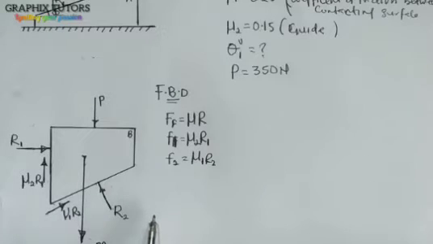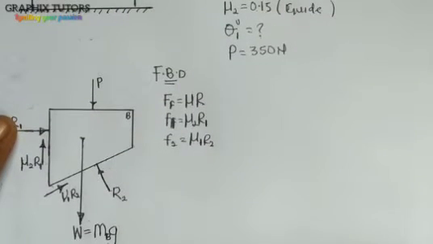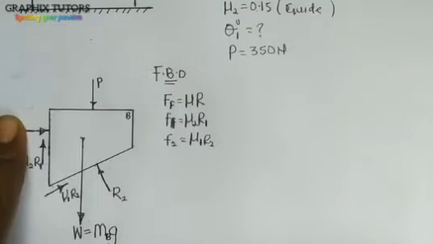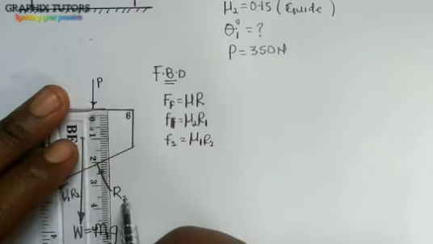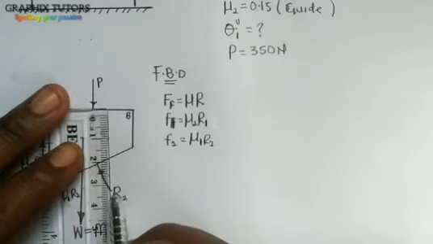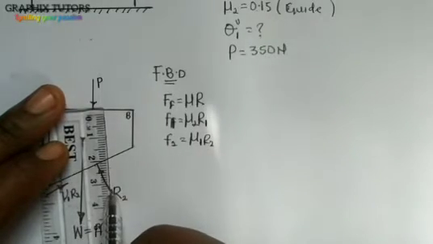In resolving, what you have to do is something we call resolution of forces, and that is the resolving of inclined force into vertical and horizontal components. So at this point where they meet, I'm going to draw a vertical line and a horizontal line this way.